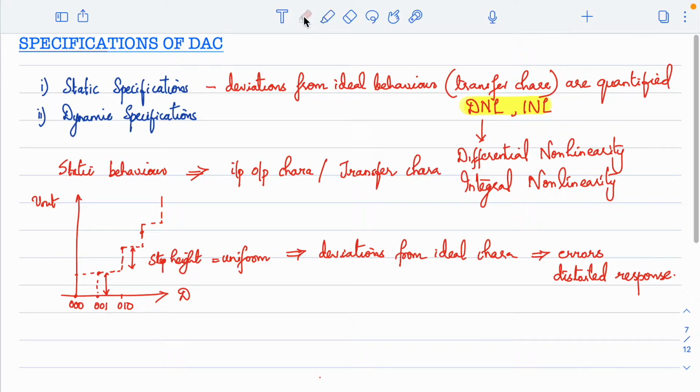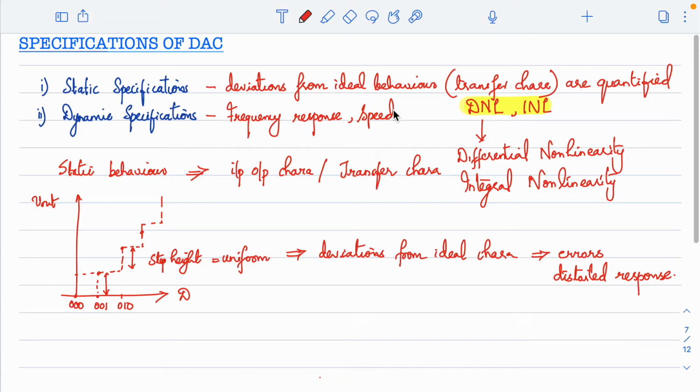Similarly, coming to the dynamic specifications, basically the frequency response, how a DAC, a data converter, will respond to different input frequencies, along with speed.